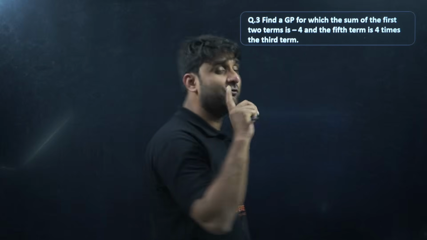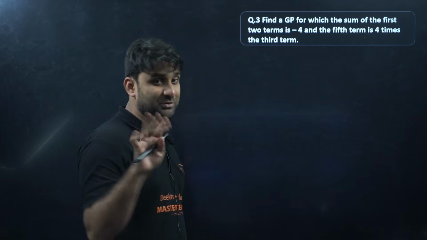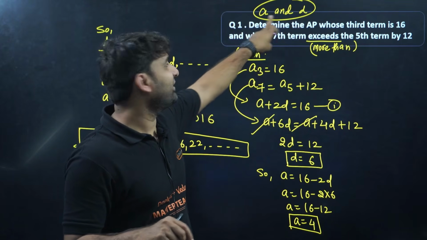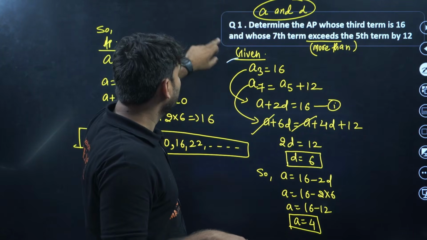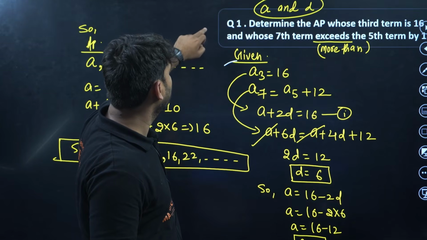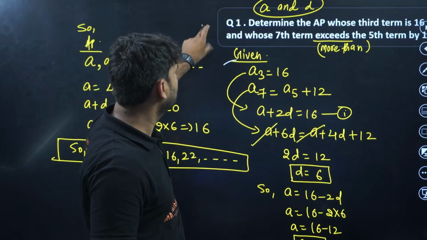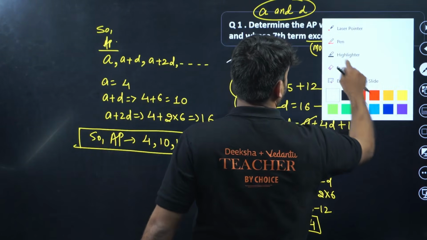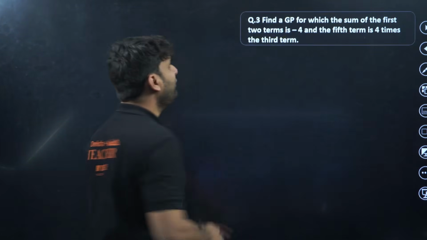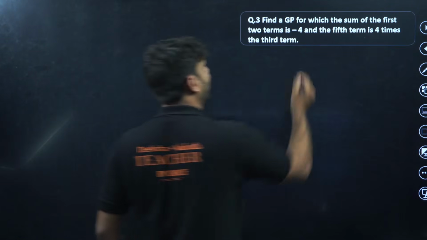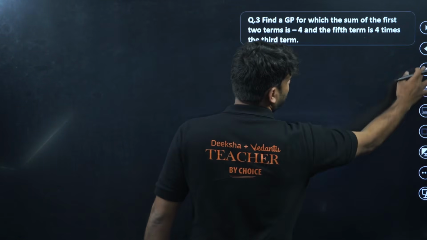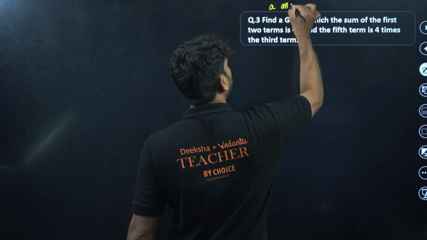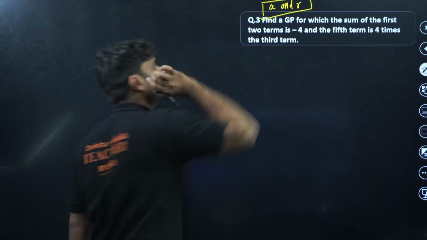Find a GP for which, okay, so we have to find a GP. Now, when the question was to find an AP, what were we required? A and D. Similarly, if you're looking for a GP, what do you require? You require A, the first term, and R, the common ratio.